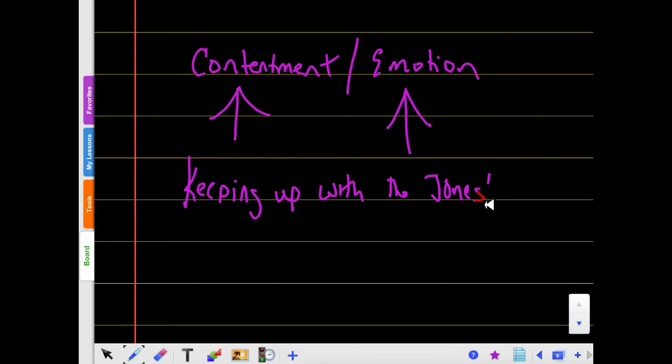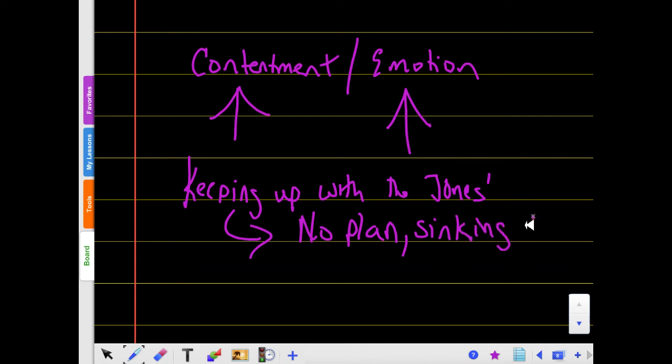And maybe it is. And if we created a sinking fund to save up and pay for that, that's great. Going into debt, probably not great, but that's what happens with keeping up with the Joneses. There's no plan. You don't have a sinking fund, and you go ahead and do it anyway. That's really what it comes down to with keeping up with the Joneses. So kind of know that.